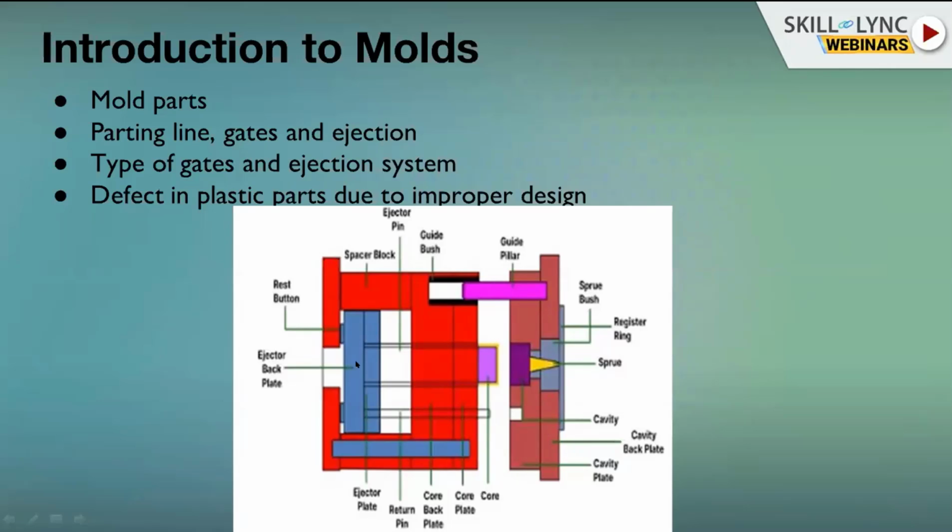This works as the ejection system, which ejects the plastic component out of the mold. In this picture, you can see the small diameter pins, which are known as the ejector pins. The parting line, gates, and ejection I will explain in another picture.